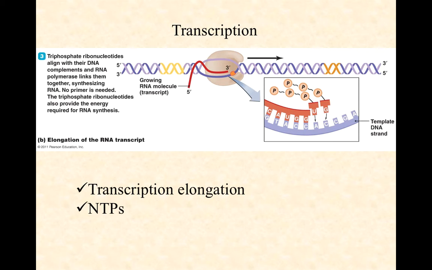And don't forget that in RNA we don't have thymine, we have uracil. And in DNA we don't have uracil, we have thymine. So uracil on the RNA molecule will bind with adenine on our DNA molecule. So keep that in mind as one of the differences during transcription. So this is elongation of the RNA transcript.